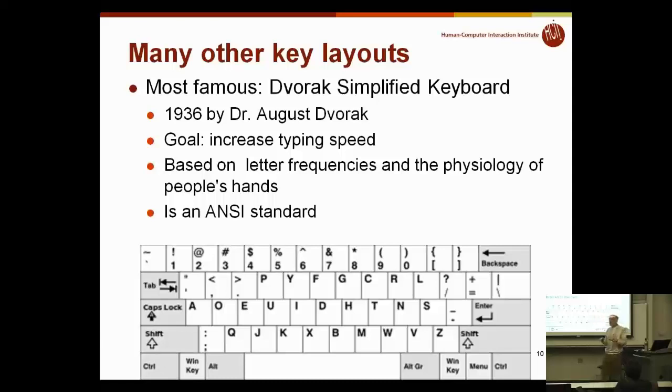They also recognized that your little finger is the least strong, and so they didn't want to put the most popular letters on your little fingers, or reaching down is slower and things like that. So theoretically you put the most common letters on your home position, and so forth. And so this one became an ANSI standard.